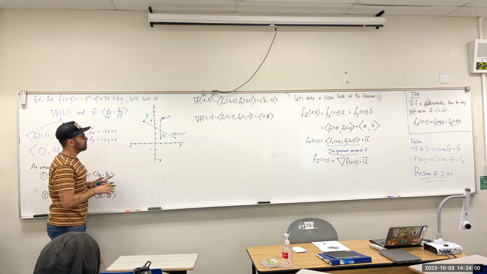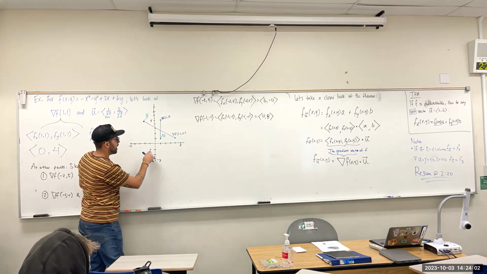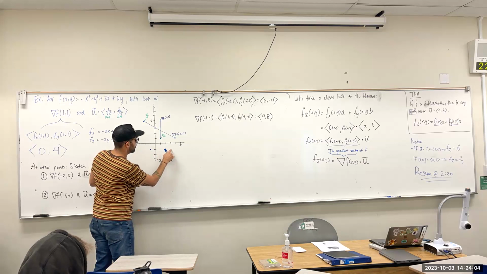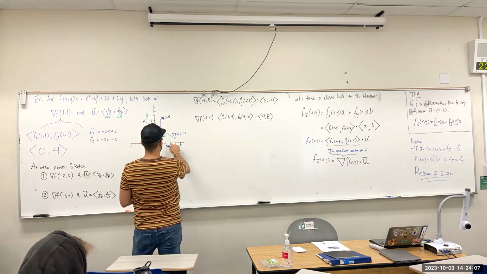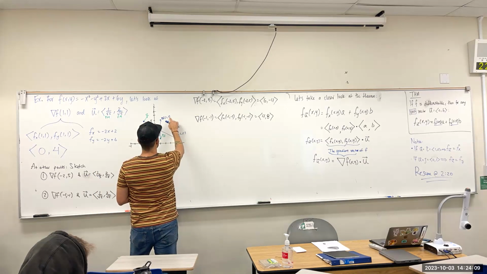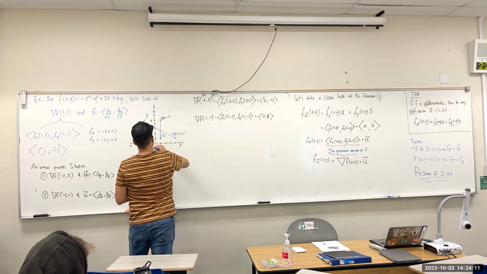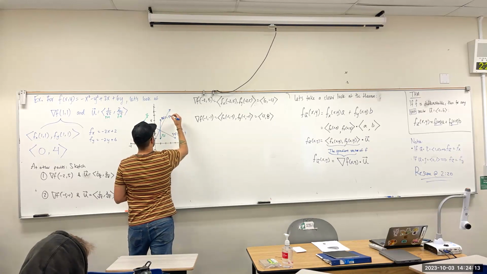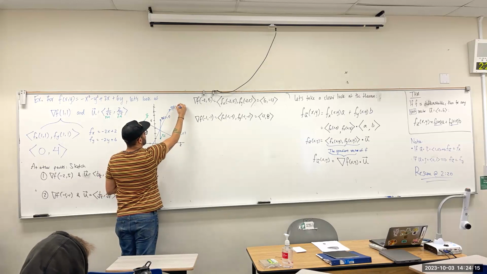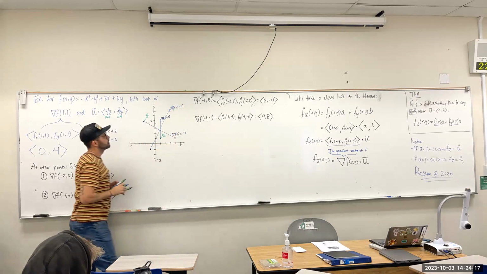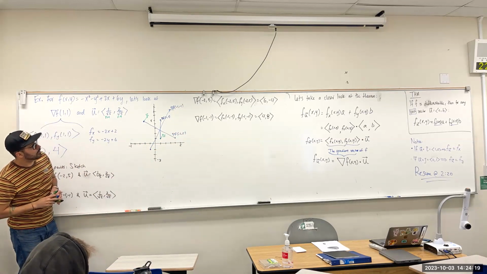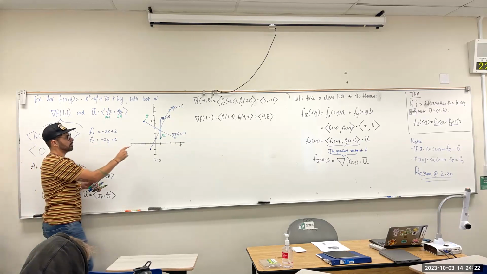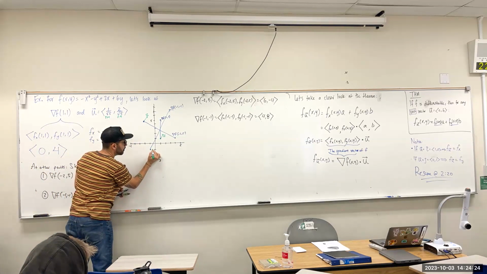Yeah, and so then that means that at this point, x is going to increase 1, 2, 3, 4, and y is going to increase 1, 2, 3, 4, 5, 6, 7, 8. So it goes like this. So that's this gradient. And the unit vector u is still the same, so it's still going to increase about 0.4 and then about 0.9, so it's going to be about 4.3.